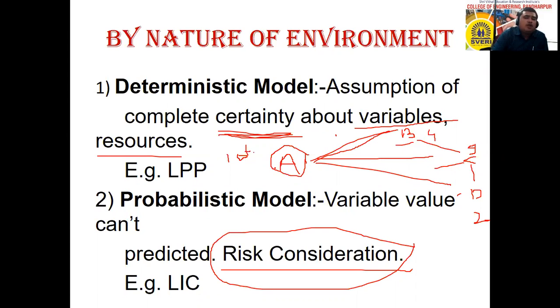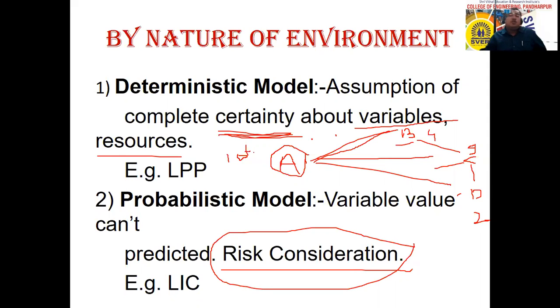From A you have to transport goods to B or to C. You know the distance, the requirement of C, and the capacity of the truck sent from A. Everything is known. But here we are developing the model for reduction in cost.